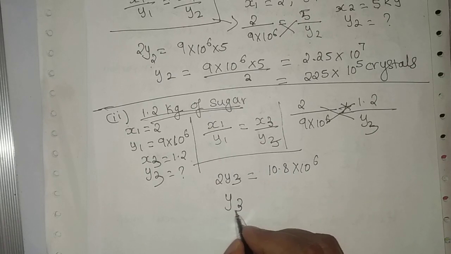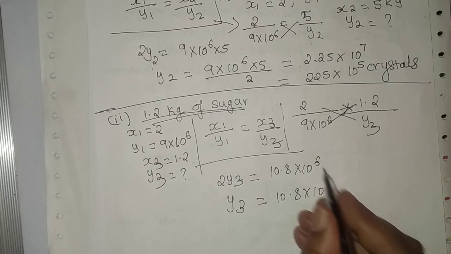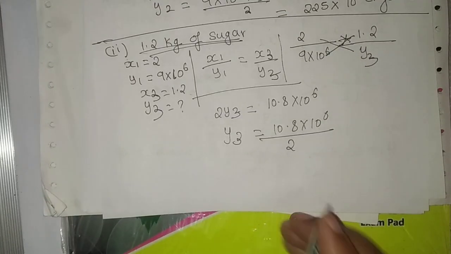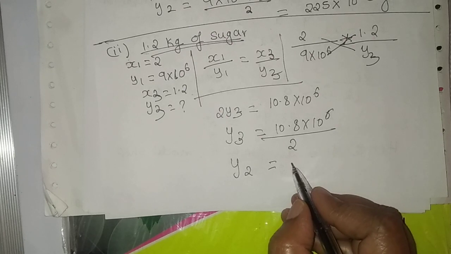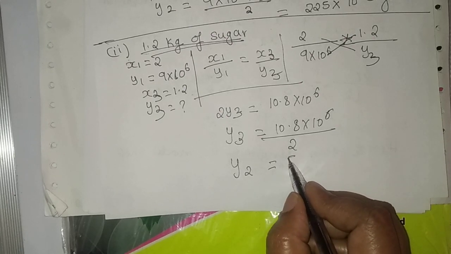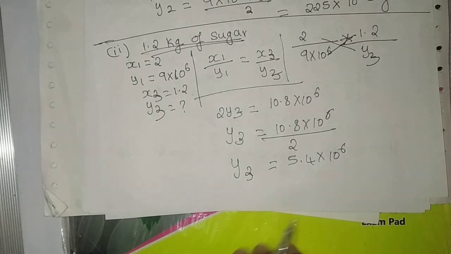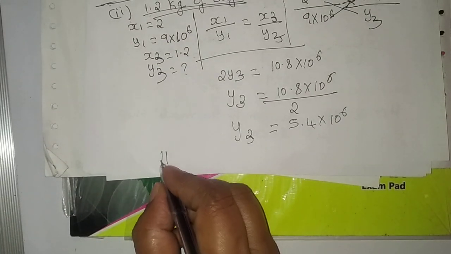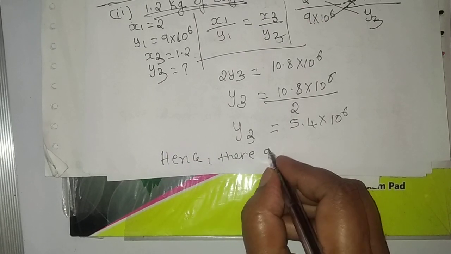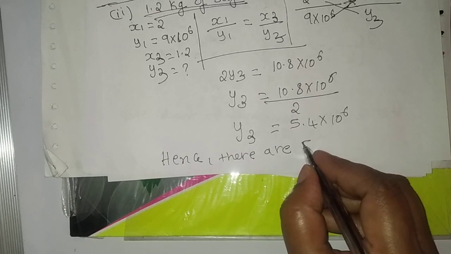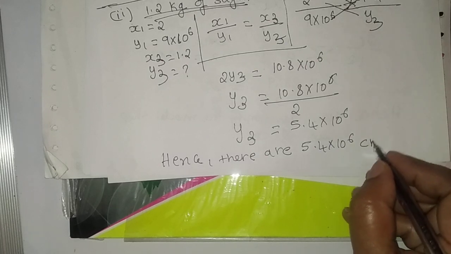Then y3 is equal to 10.8 into 10 power 6 by 2. Finally, simplify this. What we get is 5.4 into 10 power 6. Hence, we can conclude there are 5.4 into 10 power 6 crystals.